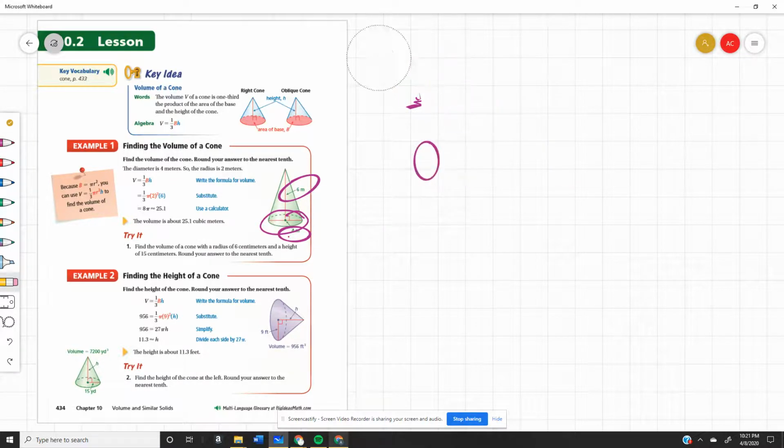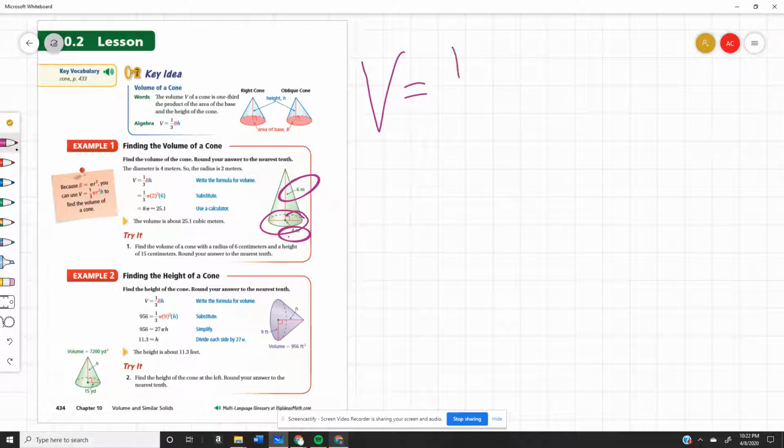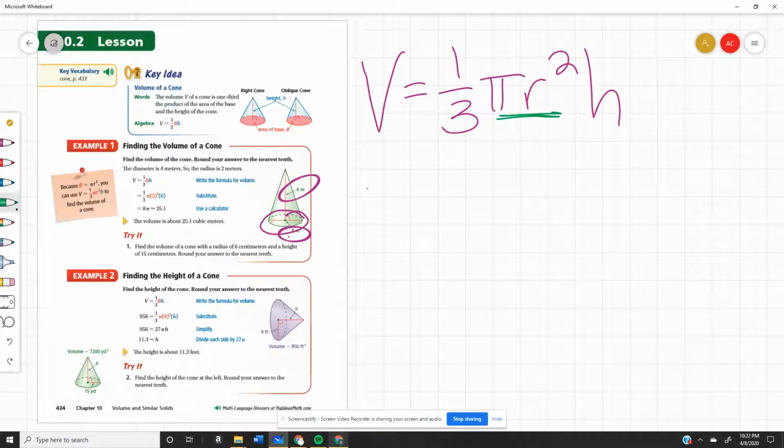So that's why they say that we can write the formula for the volume of this cone as V equals 1/3 pi r squared height. That pi r squared right there, that pi r squared right here is equal to the area of the base, okay?